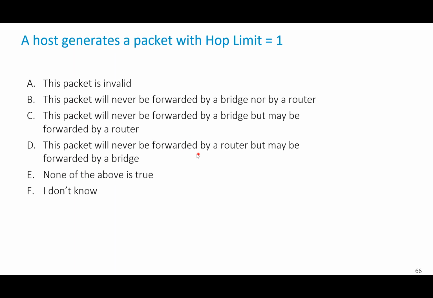This packet will never be forwarded by a router because it has a hop limit 1. So the rules are you decrement the hop limit. When it becomes 0, the packet should die. So if you receive a packet with 1, if you're the final destination, that's fine, you keep it. But if you have to forward it further, you destroy it, you drop it. This applies to routers, because routers are devices that look at the IP headers. Bridges don't look at the IP headers, in principle.